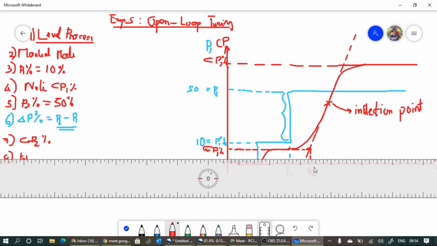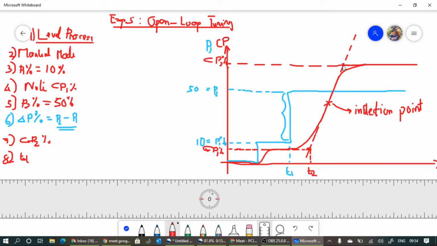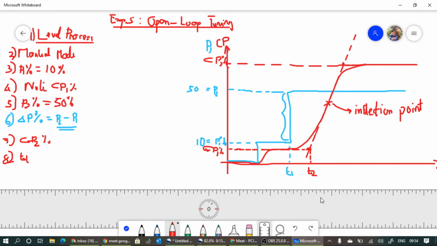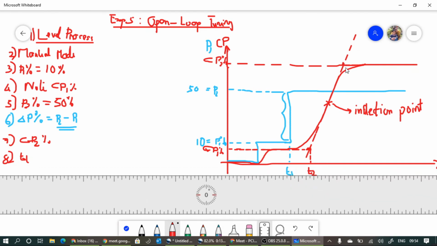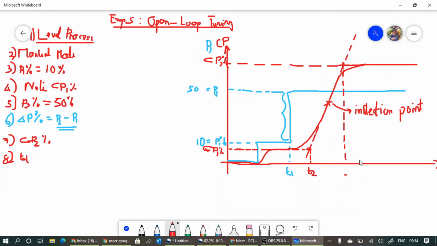So you can see that is intersecting with the tangent. Right. So the time at which the CP2 horizontal line is intersecting with the tangent, we can label it as T3.